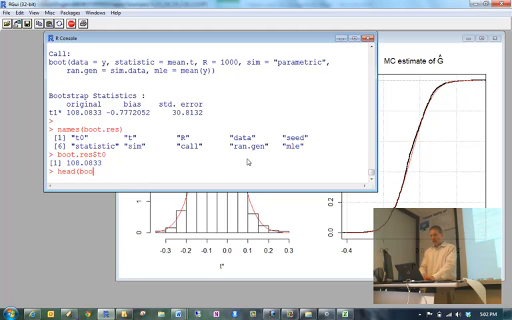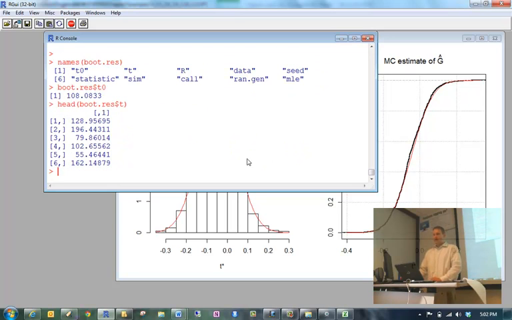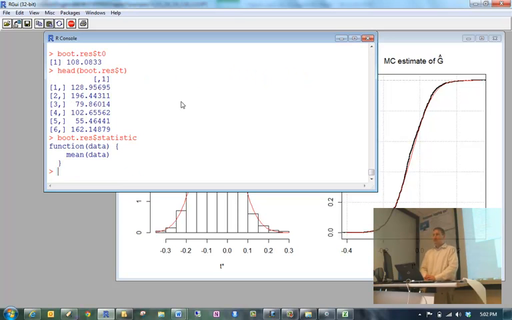If I do head of boot.res$t, there's T1 star, T2 star, T3 star, and so on. Other stuff here is rather self-explanatory. boot.res$statistic shows how the statistic was calculated.